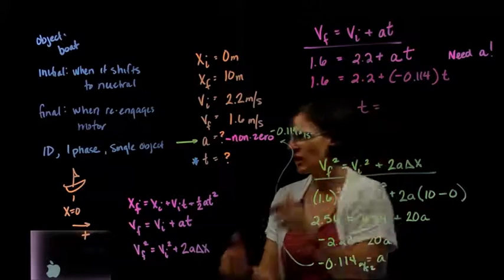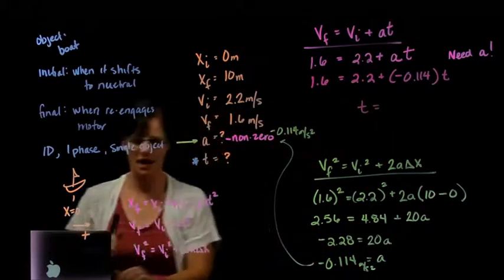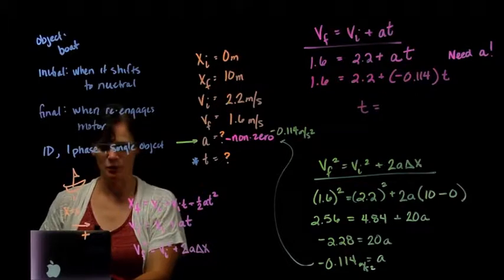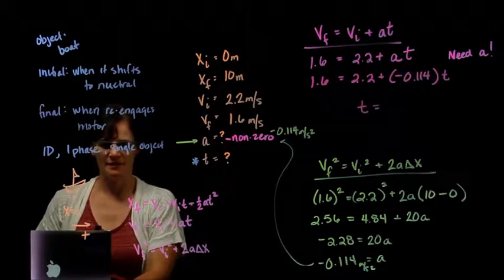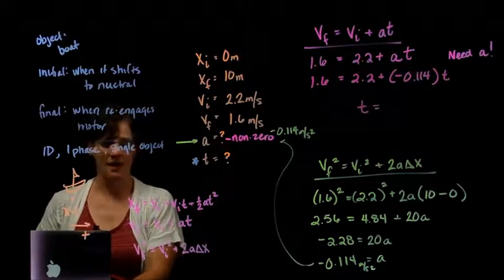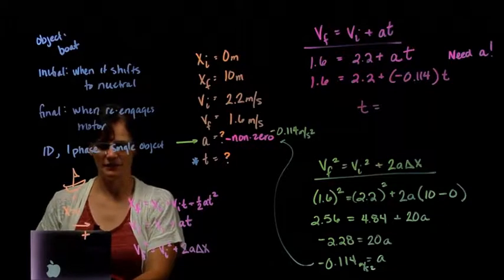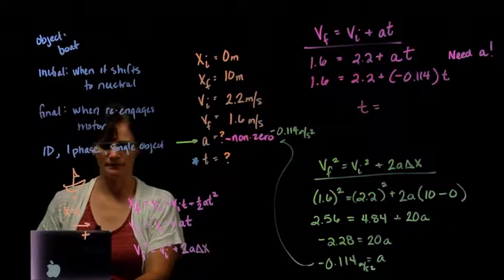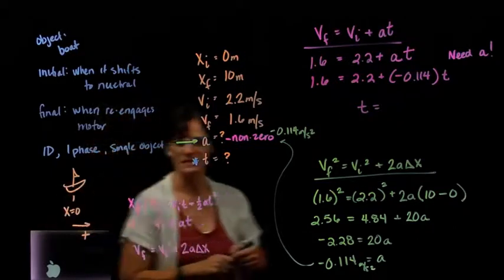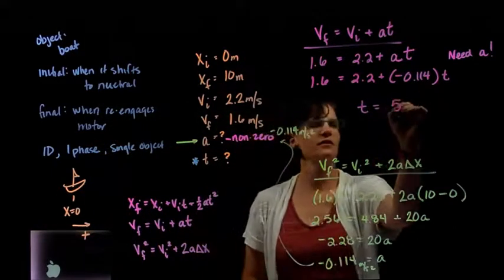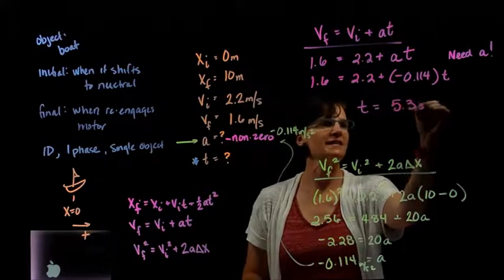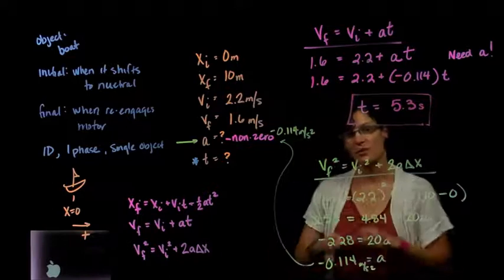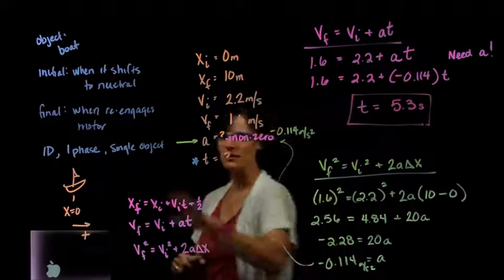And so solving for my time, I have 1.6 minus 2.2, and then I'm going to divide that by negative 1.14. And I see that my time is equal to 5.3 seconds. So it took 5.3 seconds to travel those 10 meters.